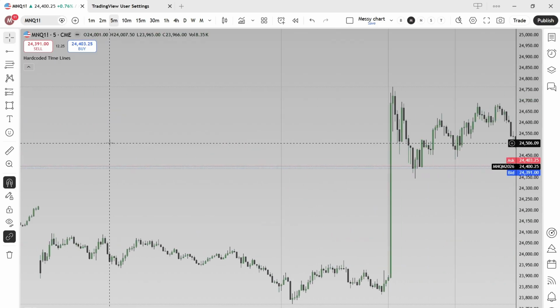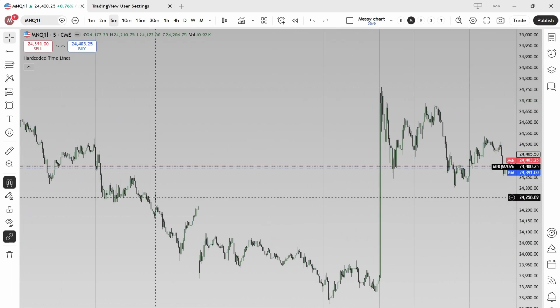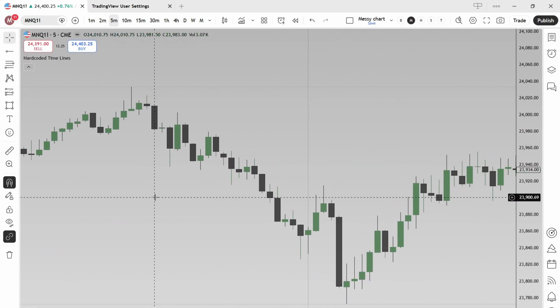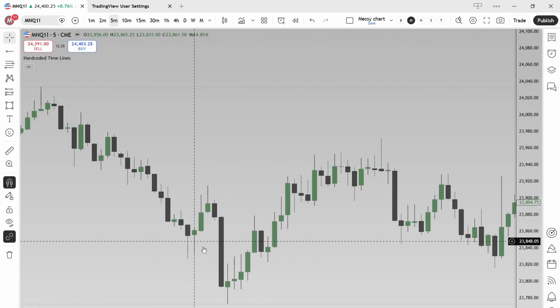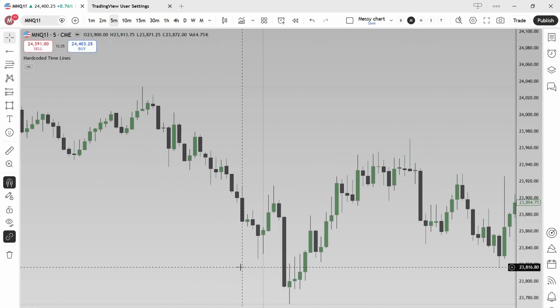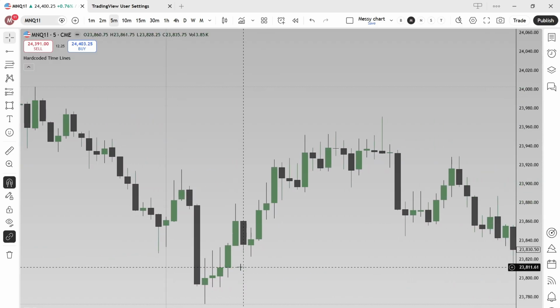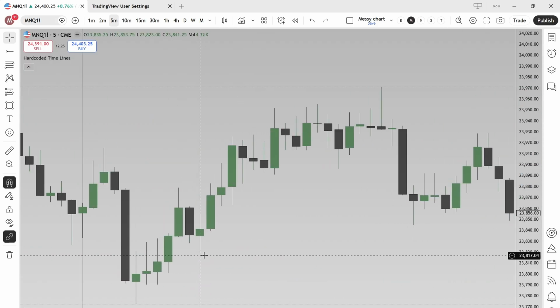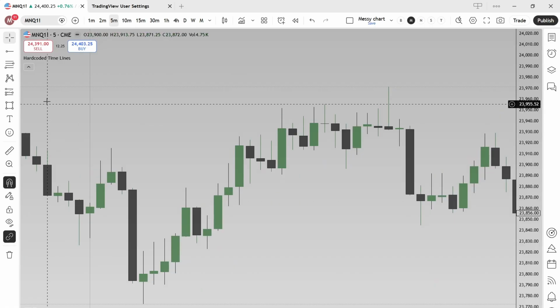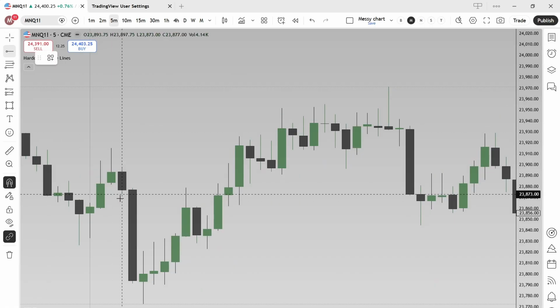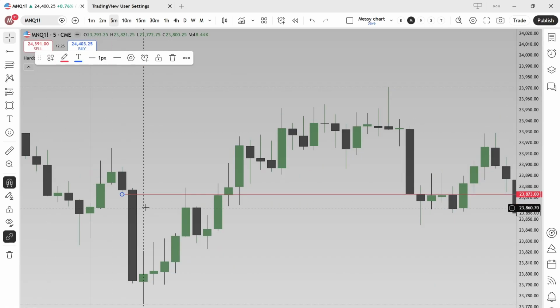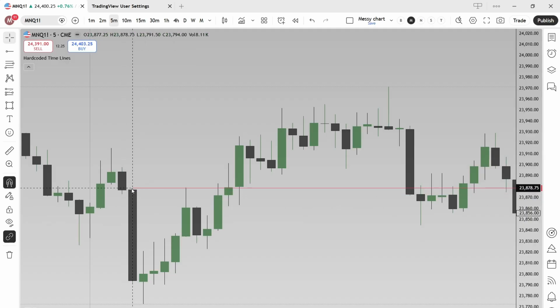Now take profits. Actually, let's go over how to trail a stop loss first. Say you entered right here, or right here.